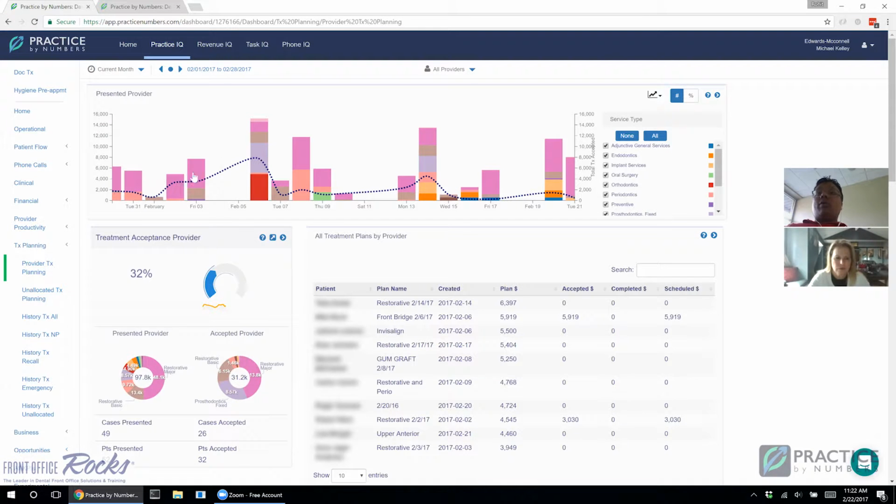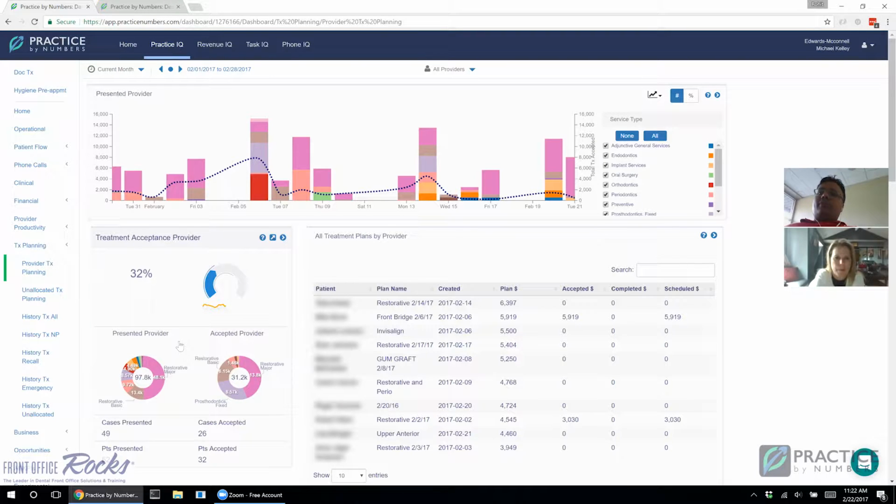So when you have no providers selected, this is all providers, you can look at it for all providers. But at the same time, you have to understand, how do we figure out how each treatment plan is allocated to a provider? And that's the key. Because in most practice management systems, there's no way to say a treatment plan was presented by Dr. 1 versus Dr. 2 versus Dr. 3.